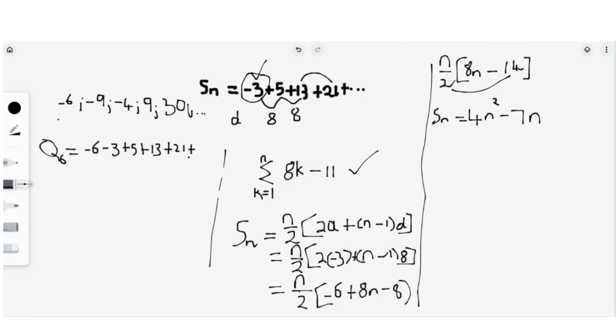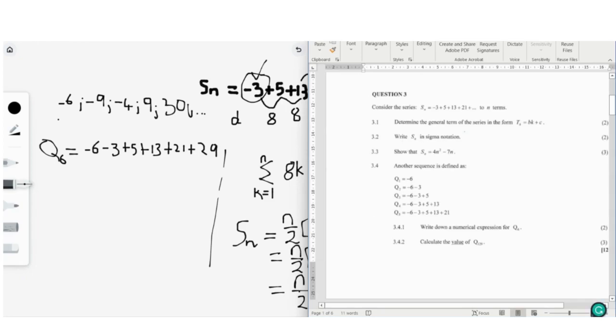So now we need 21 plus 8, so the next one is going to be 29. So your Q6 will be minus 6 minus 3 plus 5 plus 13 plus 21 plus 29. That is the numerical expression, the way they've been giving it.